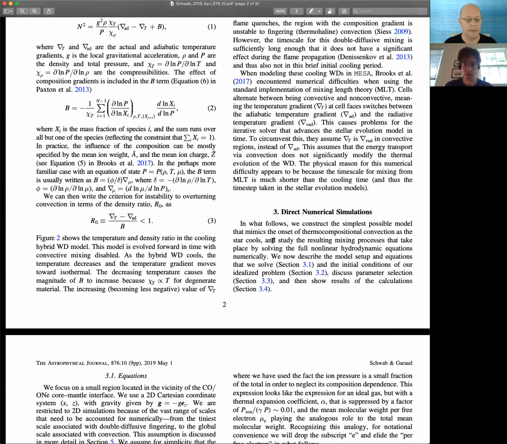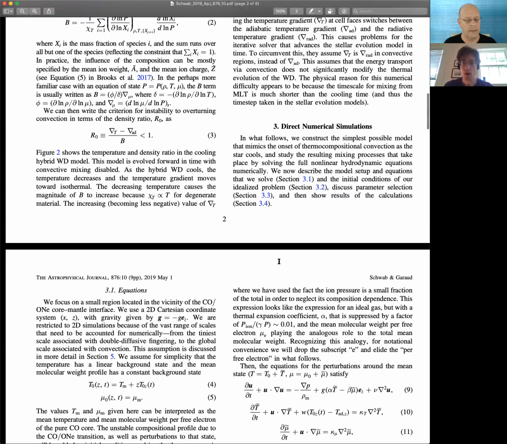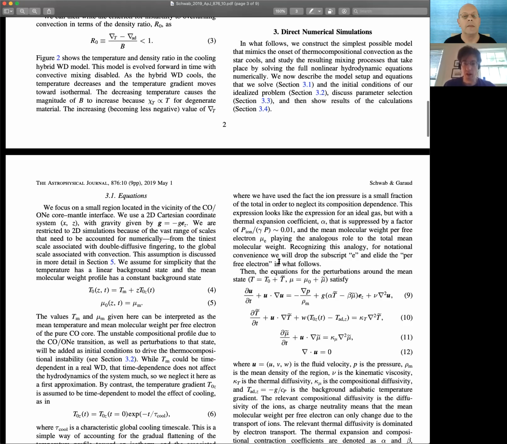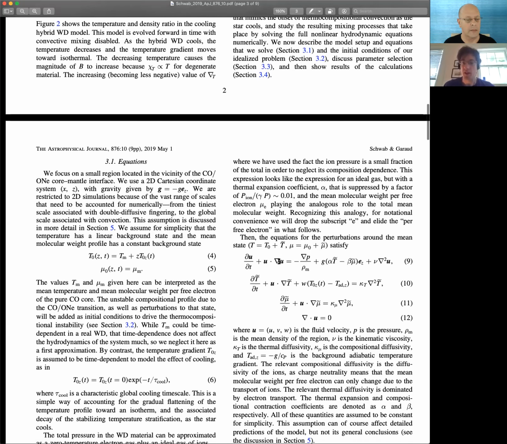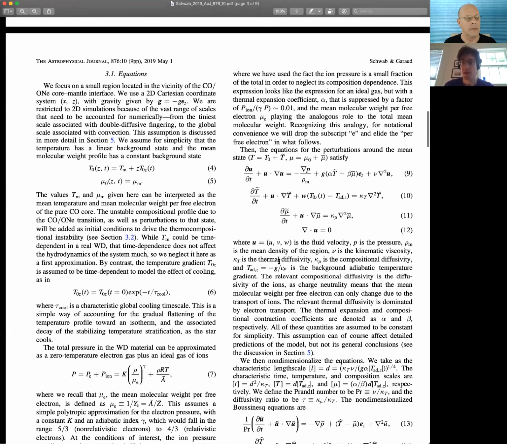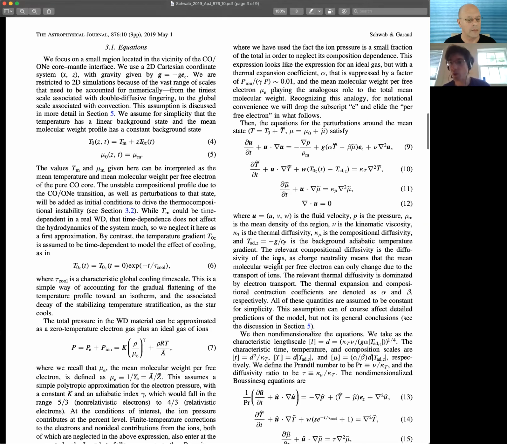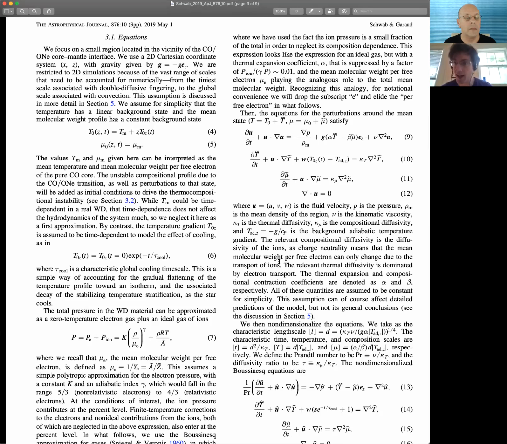Okay, so section 3 largely just covers the setup here. And again, we can't do a real stellar evolution model in this fluid calculation. So we're going to instead solve a toy problem. So we're going to solve the fluid equations, but we're going to make a number of assumptions.